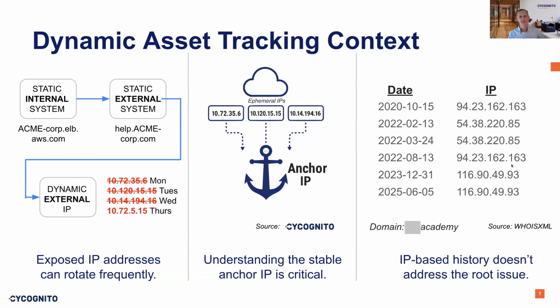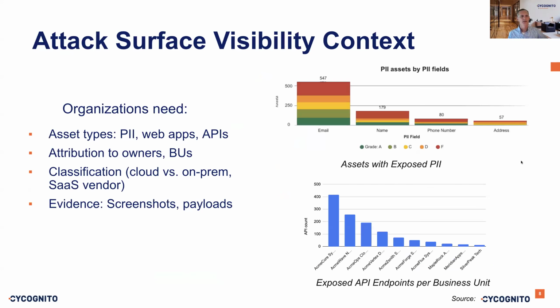Thank you. That's perfect. Let's move on to the next topic, which is attack surface visibility and the broader context associated with visibility. Risk leaders think about topics like revenue impacting apps, sensitive data exposure, regulatory compliance, things like this.